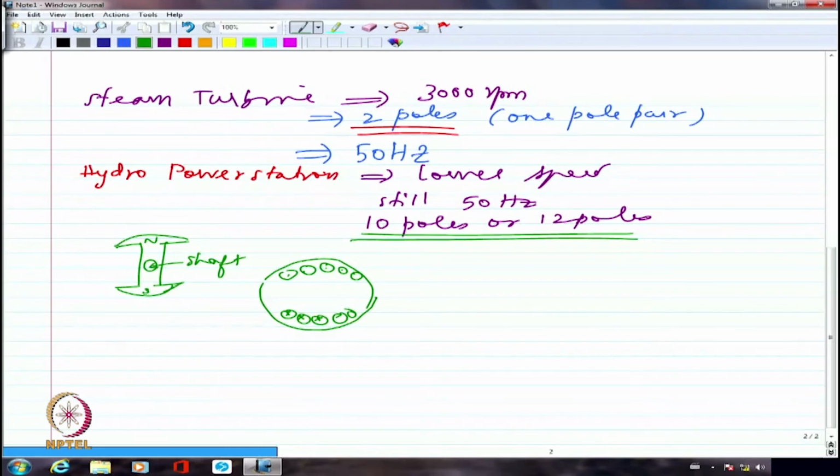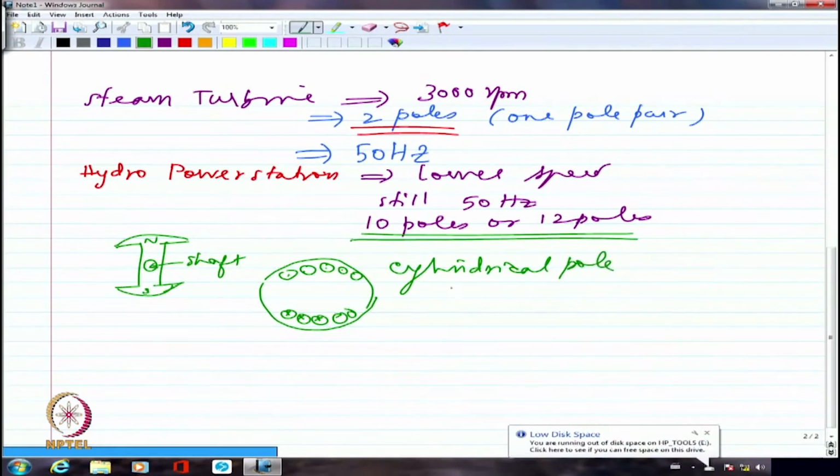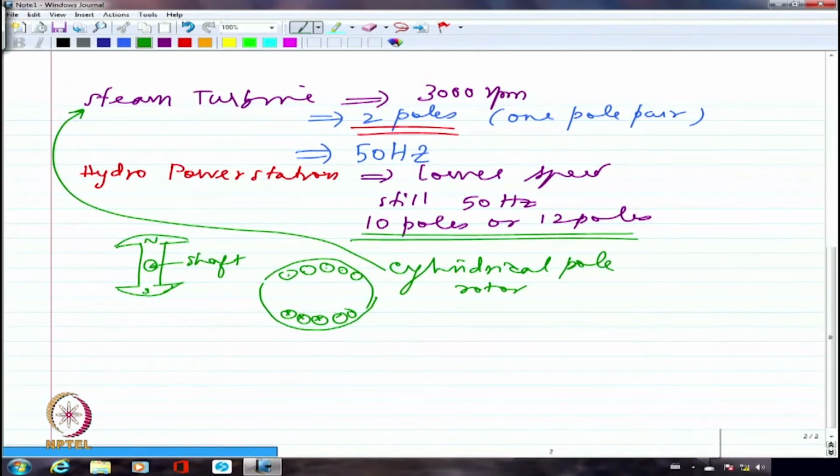So this has a cylindrical structure, and it will not have much opportunity to get deformed. So the cylindrical rotor is normally used in high speed alternators, which correspond to steam turbines, right?